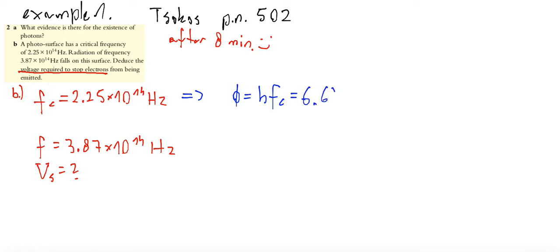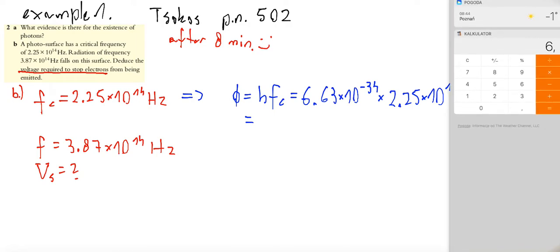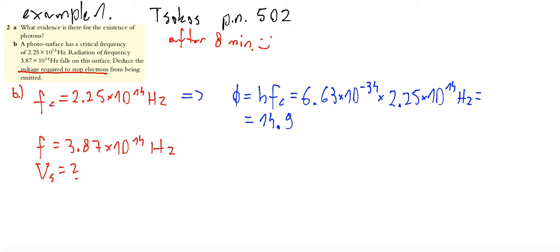So you have to multiply Planck's constant, 6.63 times 10 to the power of minus 34, times this frequency, 2.25 times 10 to the power of 14 Hertz, which is, I still don't have my calculator, 6.63 times 2.25 is 14.9, times 10 to the power of minus 20, or 1.49 times 10 to the power of minus 19 joules.